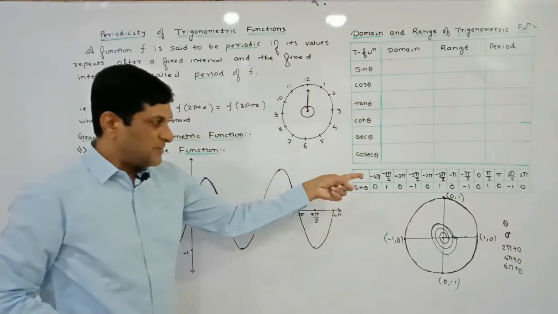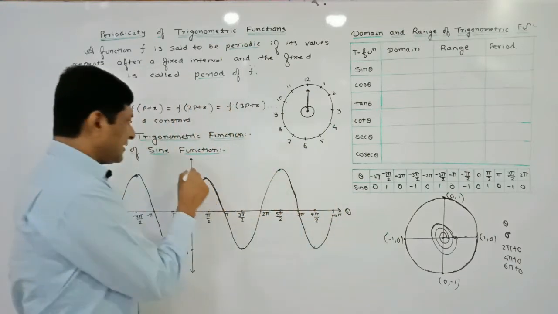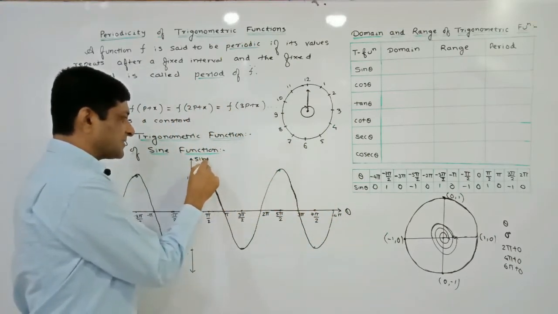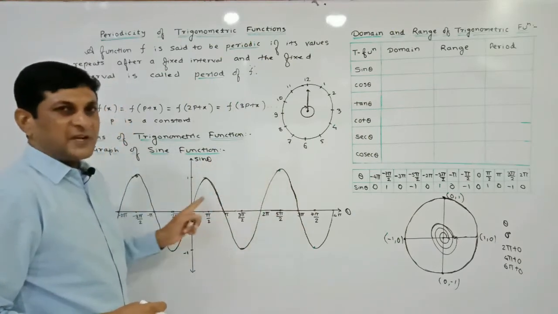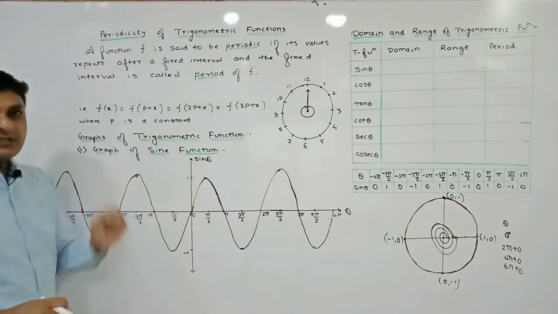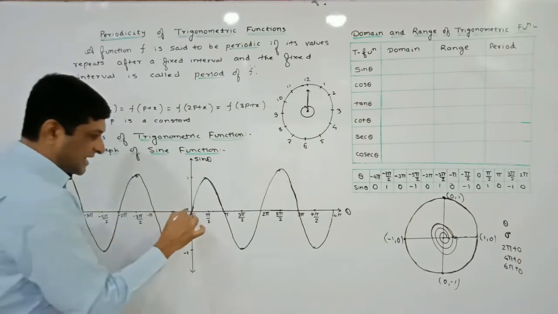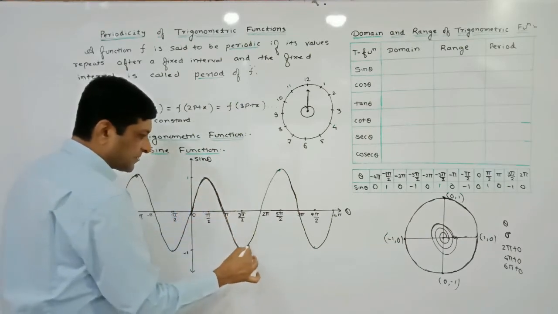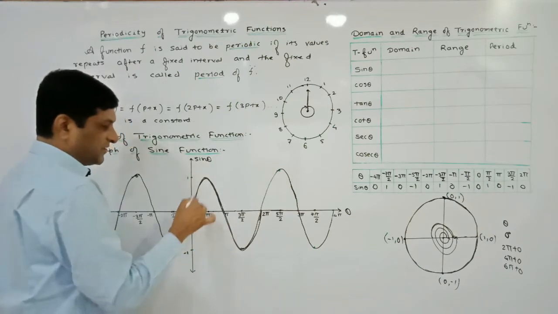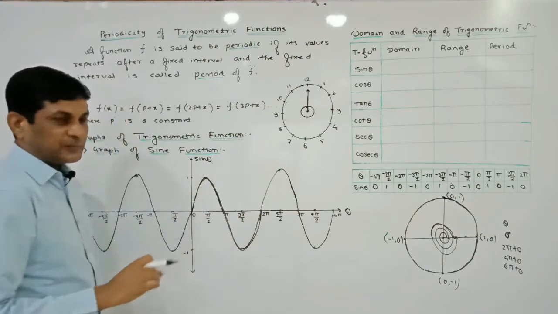So using these values, theta we have considered on the x-axis, and sine theta we have taken on the y-axis. And joining these points we have got the graphical representation of sine theta. Here if you observe the graphical representation, in between 0 to 0, which points lie? 1, 0, minus 1, and again 0.